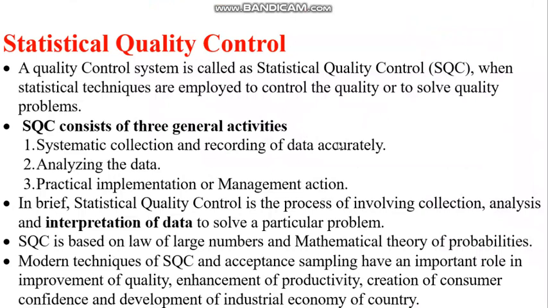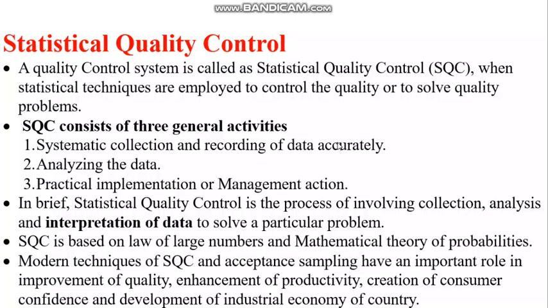Now, statistical quality control. A quality control system is called statistical quality control when statistical techniques are used or employed to control the quality of a product or to solve the quality problems in an organization.